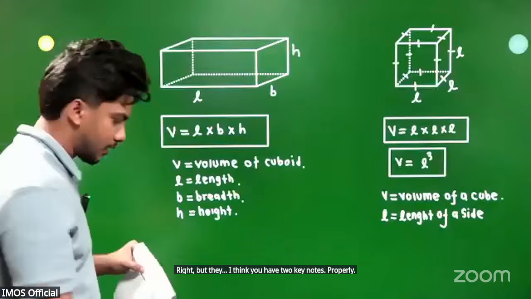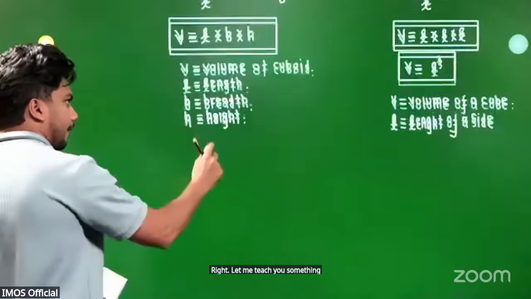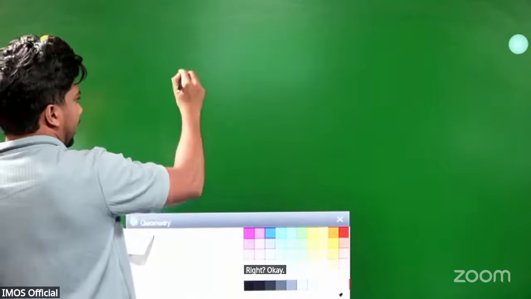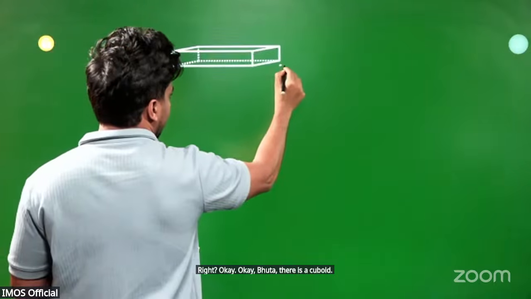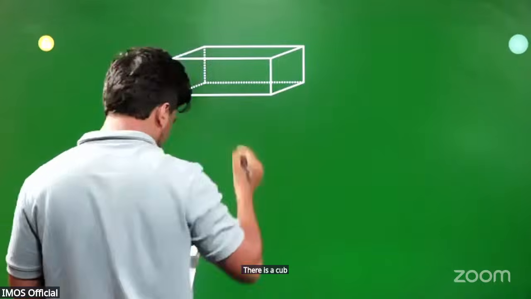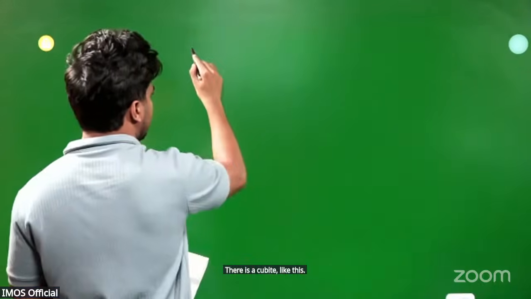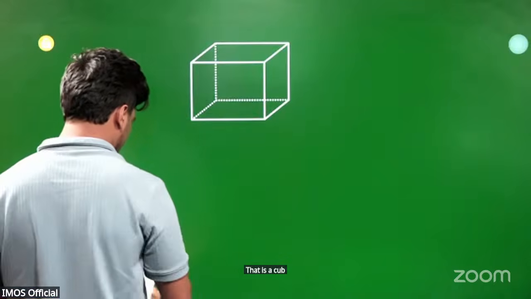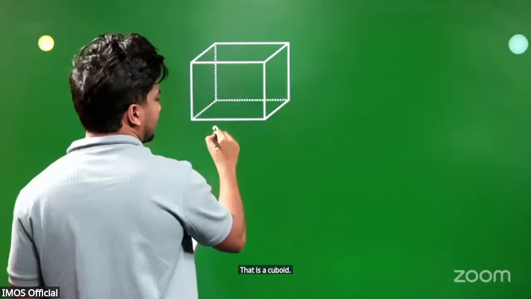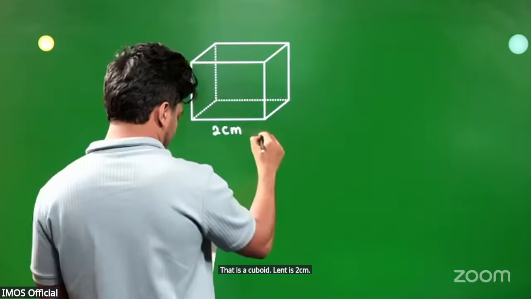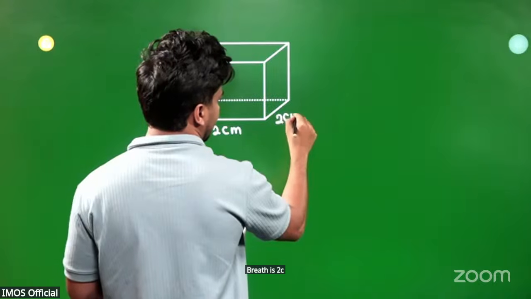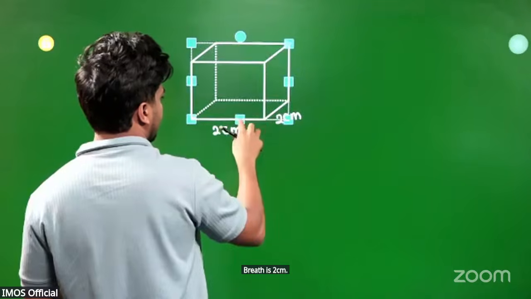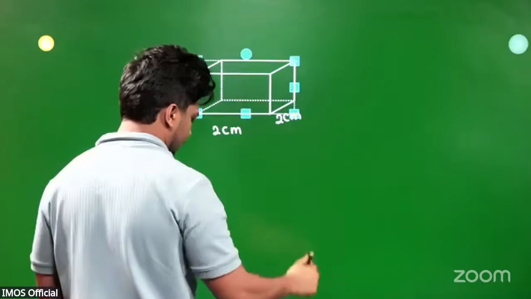Right. Let me teach you something. Okay, Puta. There is a cuboid like this. Length is 2 centimeter. Breadth is 2 centimeter.